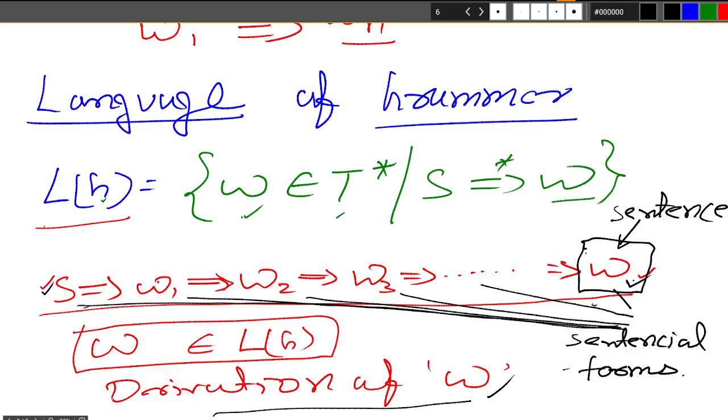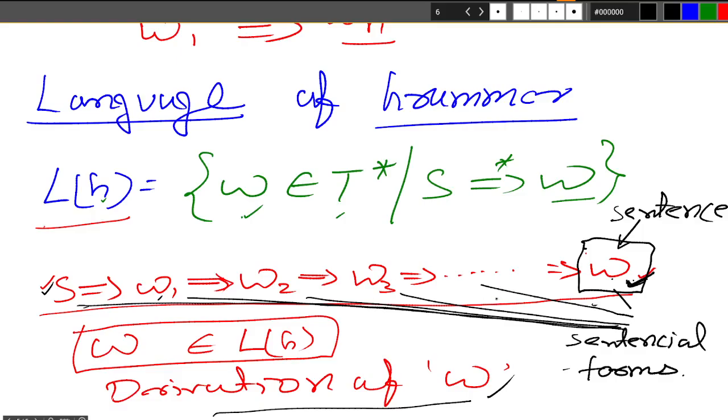If using the set of rules, using the grammar, you are able to derive W, then this sentence is accepted by your compiler, otherwise it is not.